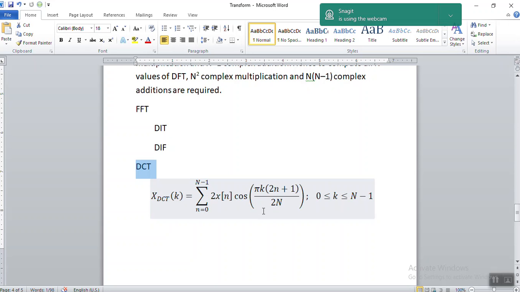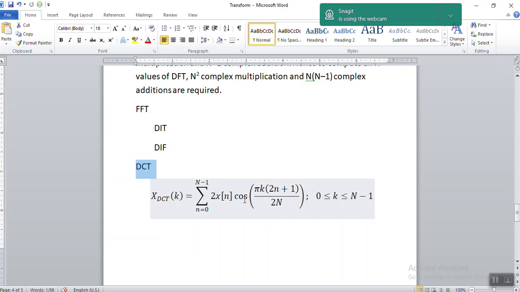So, therefore, DCT is nothing but the real part of the DFT, and actually it is the real and even part of a real and even sequence. So, discrete cosine transforms are equivalent to the DFT only, but of roughly twice the length of the DFT, operating on real data, because it is the real part.